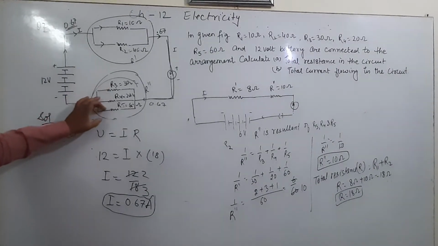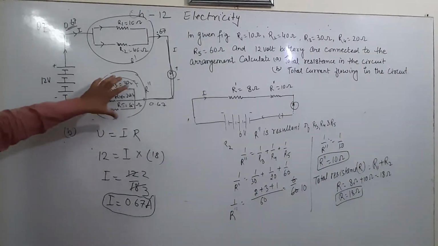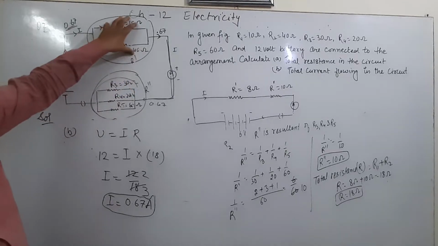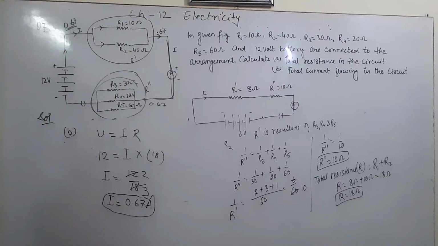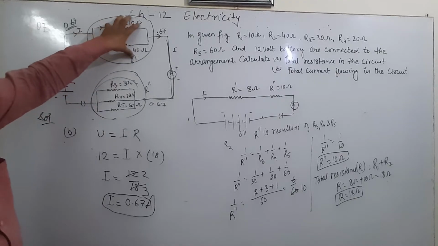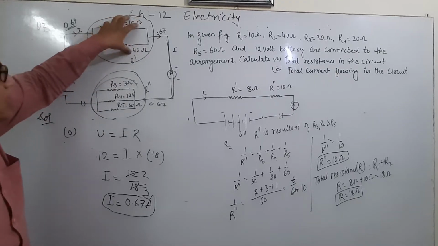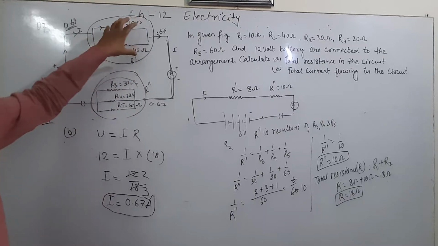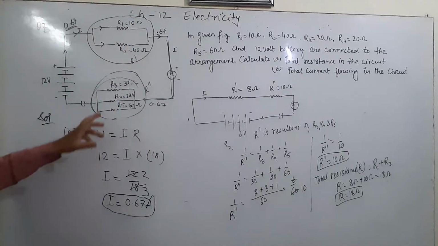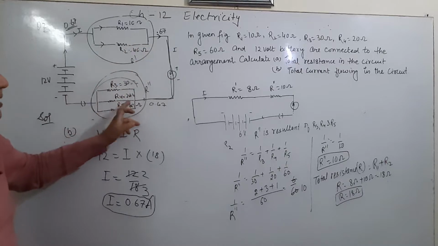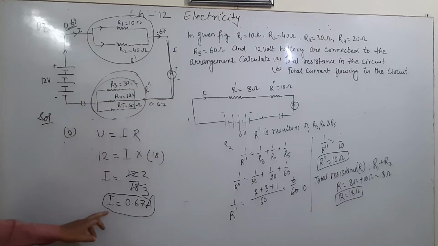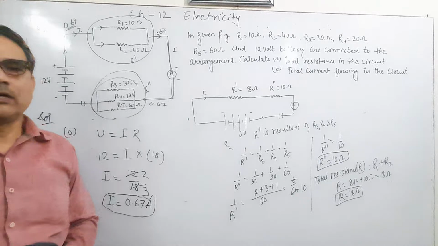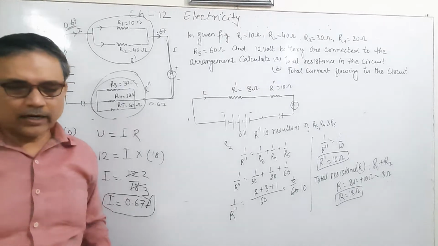Because in parallel the current is different, but the resultants of these resistances are in series. Therefore, the total current passing through these two circuits is the same as the current passing through these three. This is the second numerical.